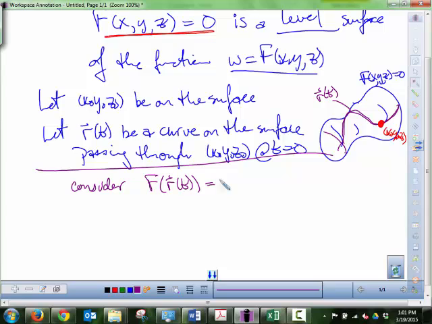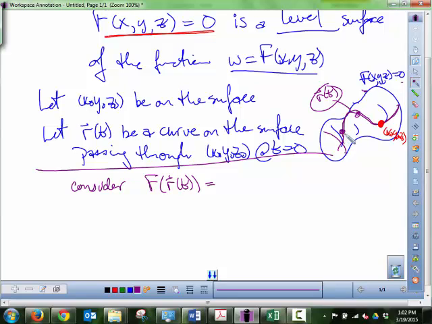Now, when you put r of t inside of the f function, that means it's going to be on the surface because that's how we created it. And if it's on that surface, then any point on this curve is a point on that surface, so any point on that surface when put into this function is going to give us 0. Does that make sense?